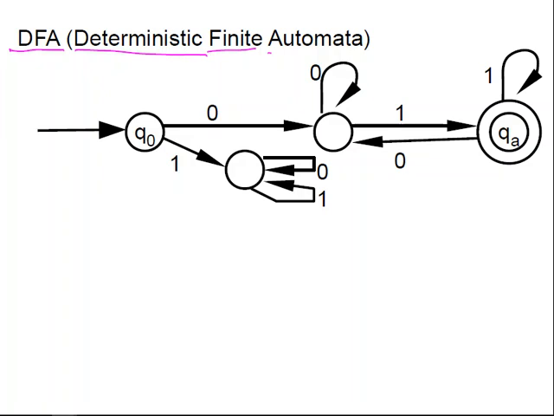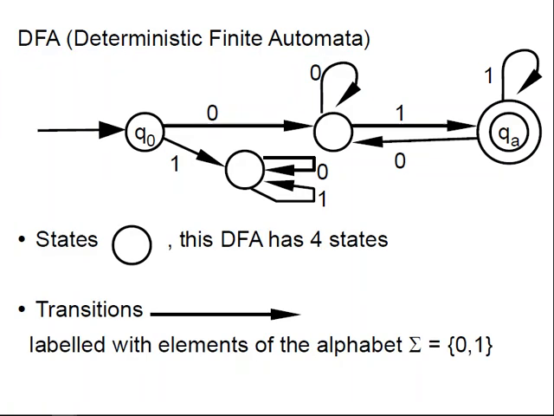And automata is an ancient name for computer. Just think of it as computer. Here is a picture of how they look. So here are the main features of this picture. This DFA will have states, which are just written as a circle. This particular DFA has 4 states. So this is a state, this is a state, this is a state, this is a state.